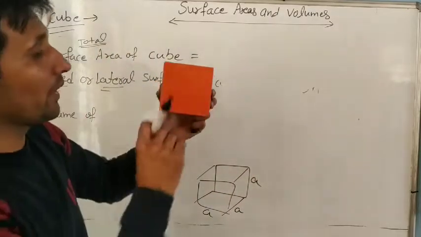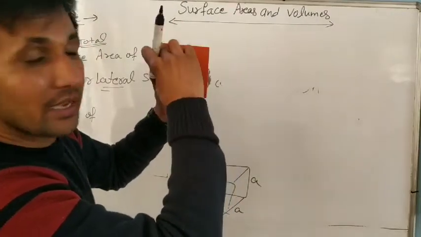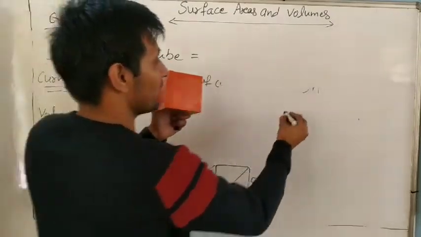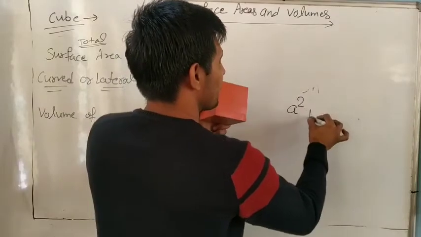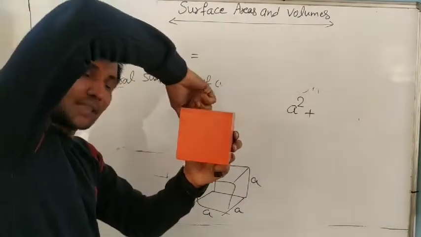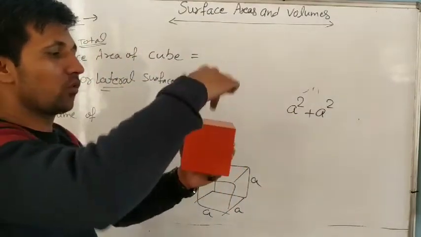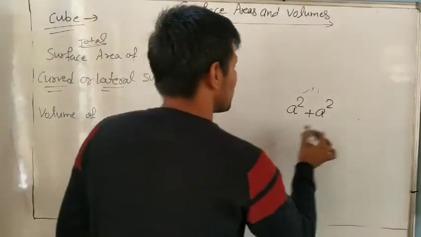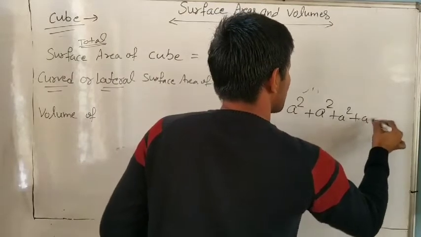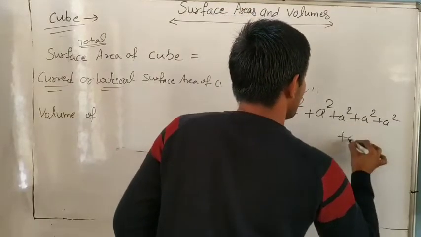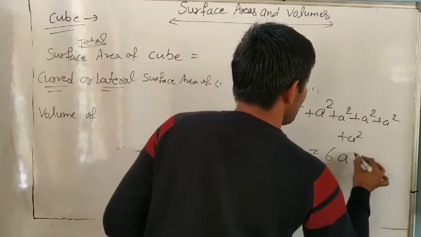If you want to find the area, it is a square shape. Area of a square is side into side, a square. This one is a square, and the back side is also a square. So how many faces? 1, 2, 3, 4, 5, 6. So total a square plus a square plus a square plus a square, how much in total? 6a square.